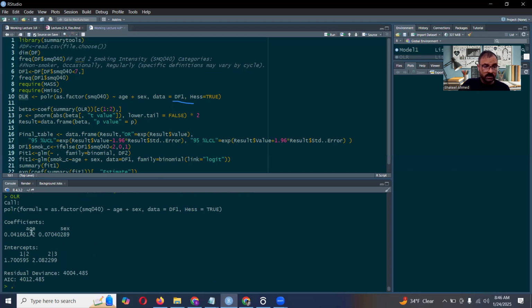Now these include the coefficients, that are beta 1 and beta 2, and these are the intercepts. Alpha 1 and 2 mean the second category versus the first category, and the third category versus the second category.